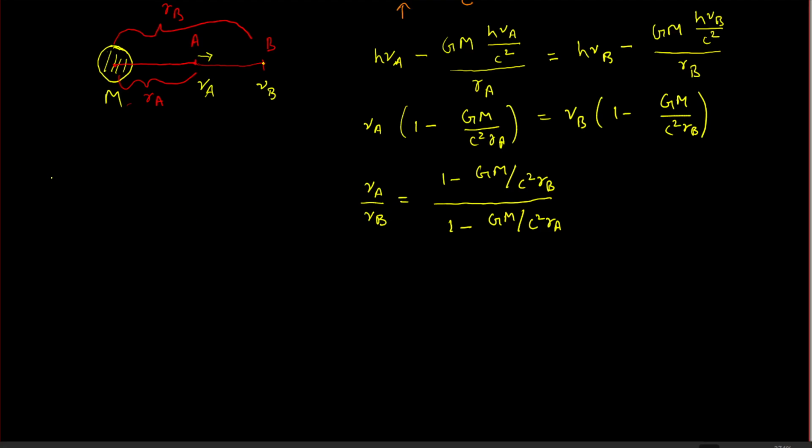Let us define R naught as 2 G m by c squared. This is actually the Schwarzschild radius.